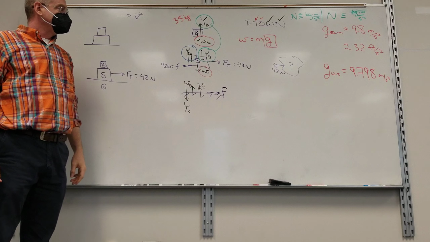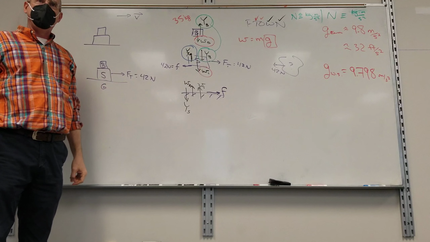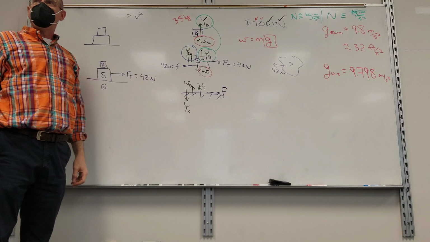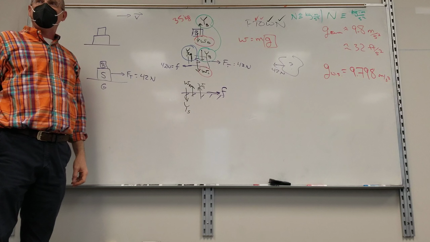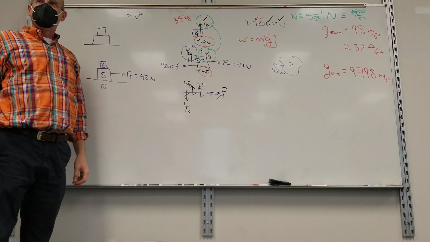What is the total force acting vertically on the sled? The force from the boy and from the ground? Total force. I got three forces. Would you add the boy and sled together? I would add all three forces together.